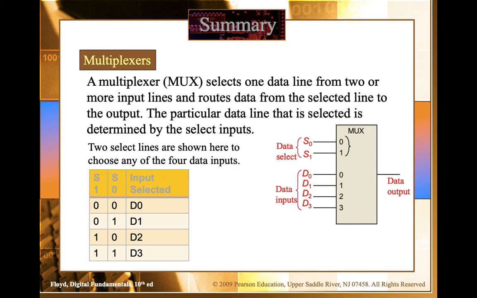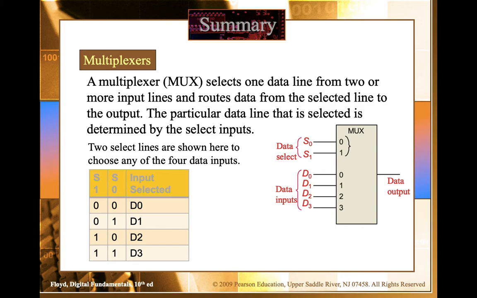It allows information from several sources to be routed on a single output line for transmission. So you are receiving input from multiple sources, and the device will route one of the inputs to the output.